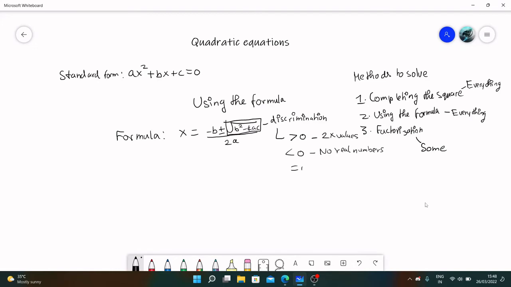If it is equal to 0, then you get 1 x value. When I say no real numbers, it means you get imaginary numbers.